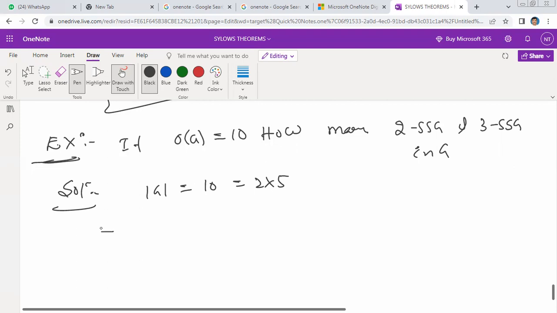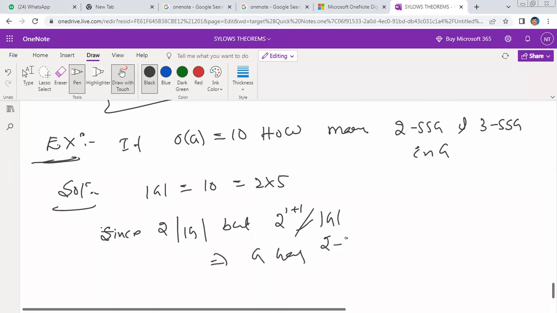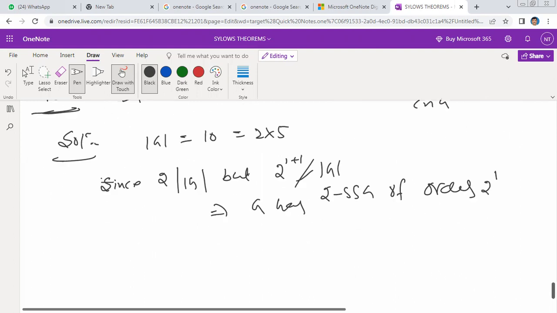I want to find the Sylow subgroups: since 2 divides the order of G, but 2 to the power 1 plus 1 doesn't divide the order of G, therefore by Sylow's first theorem G has a 2-Sylow subgroup of order 2 to the power of 1.